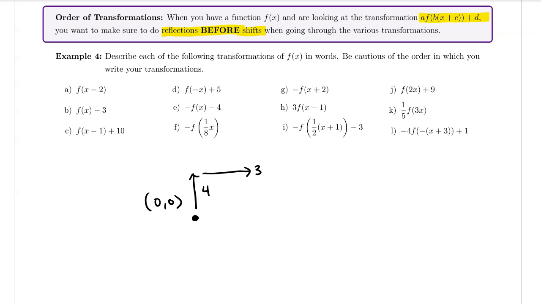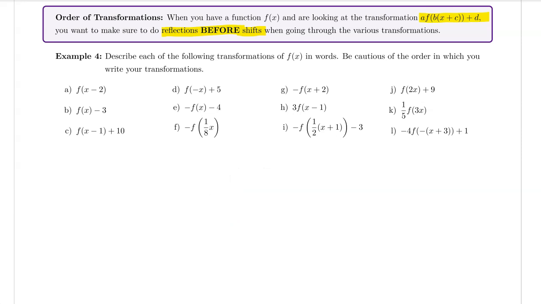Here's 3 units. That would end me up here at the ordered pair 3, 4. If I did that in an alternate order though, if I went right 3 units and then up 4 units, that would still end me at the same graph. However, if we have a combination of shifts and reflections, then the order does matter, and you have to do the reflections before the shifts.